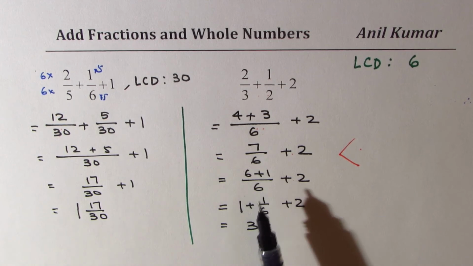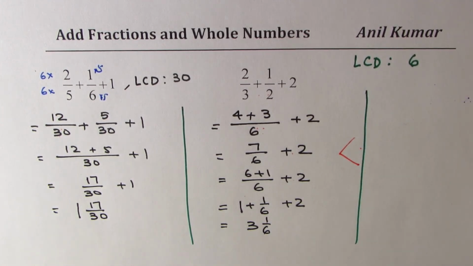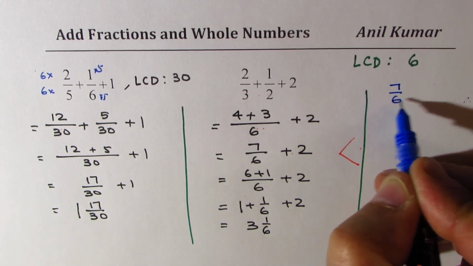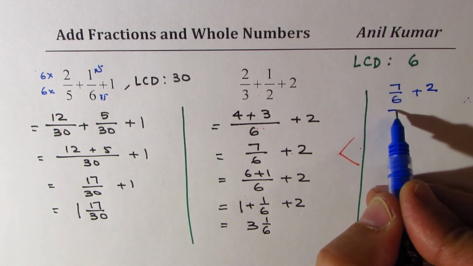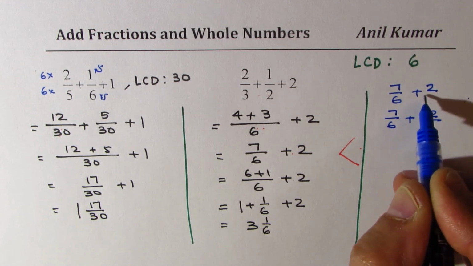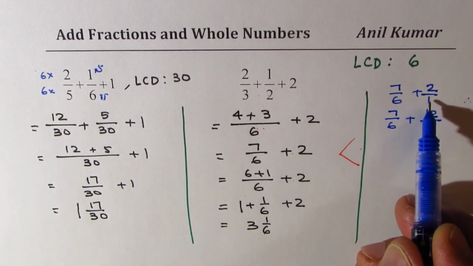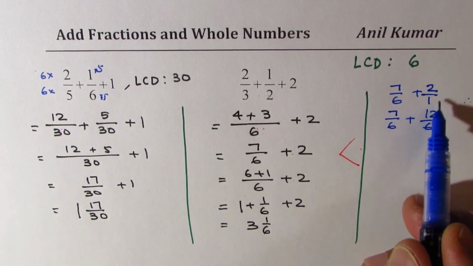Does make sense to you? Well, the other approach could have been, let's do the other approach. We want to add 7 over 6 with 2. So we need the same denominator. It will be 7 over 6 plus 12 over 6. Think about 2 over 1. Since we want to make this 6, equivalent fraction will be multiplying both by 6.